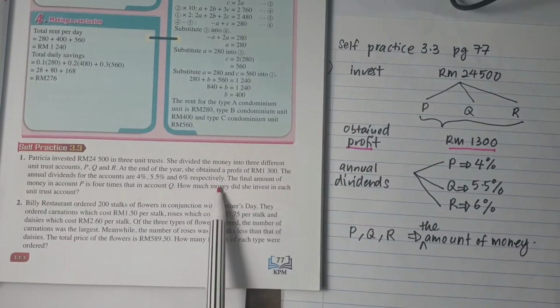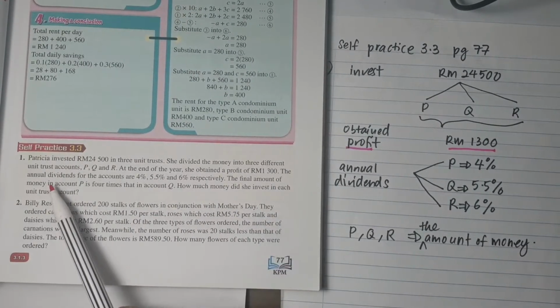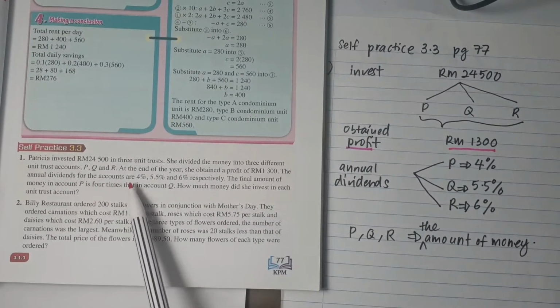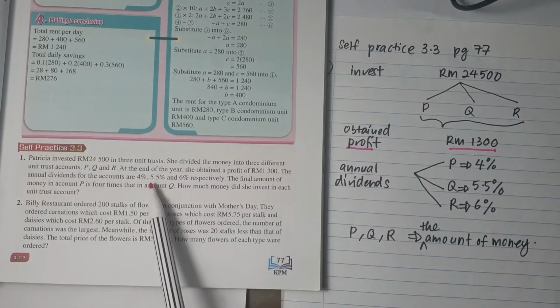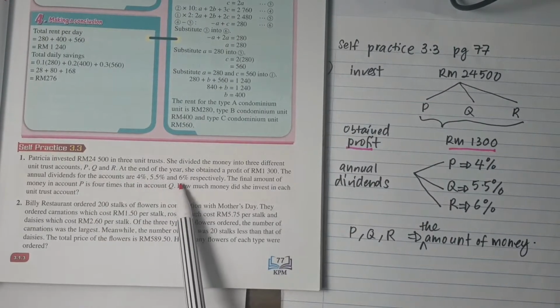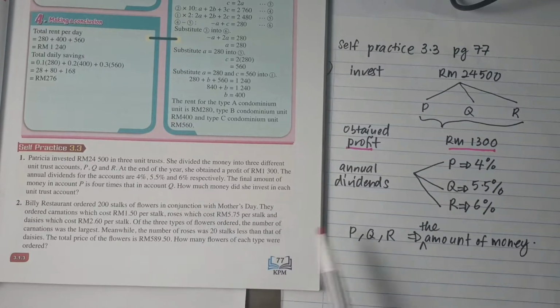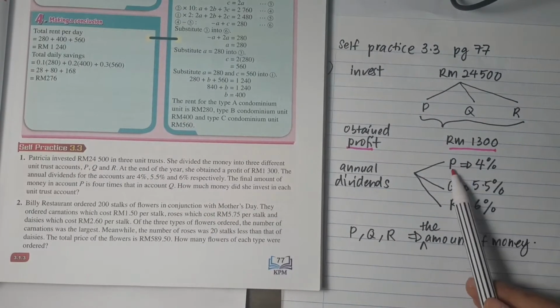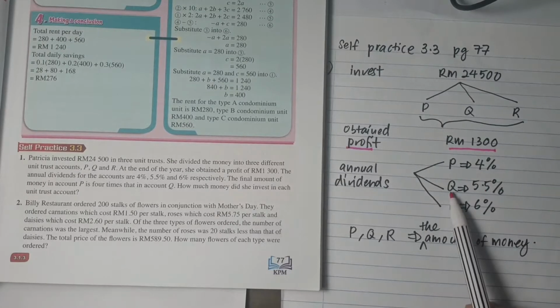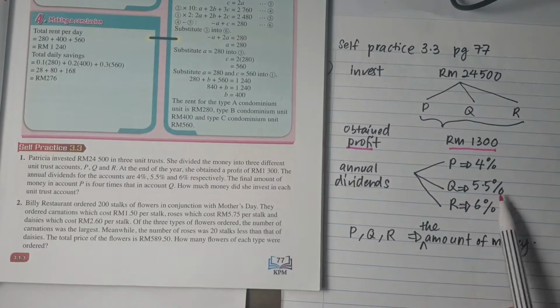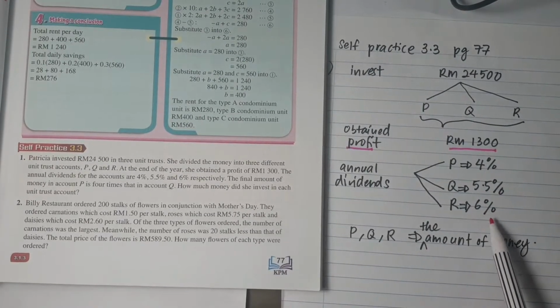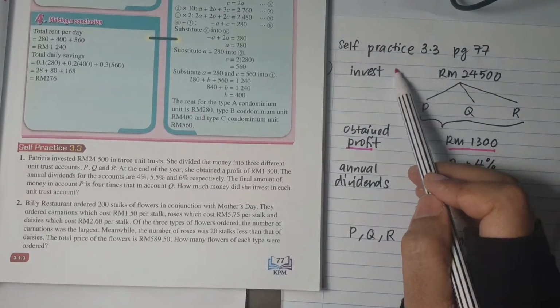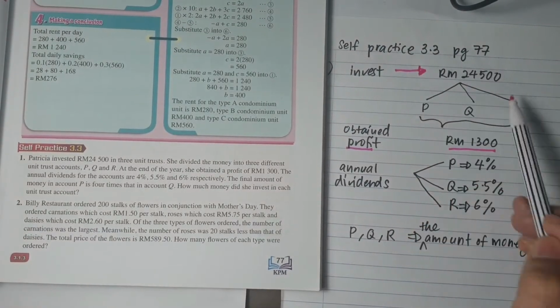And then the annual dividends for the accounts are 4%, 5.5% and 6% respectively. So annual dividend, dia ada 3 account tadi. Account P 4%, account Q she get 5.5%, account R dia dapat 6%. Okay, tadi dia invest 24,500.